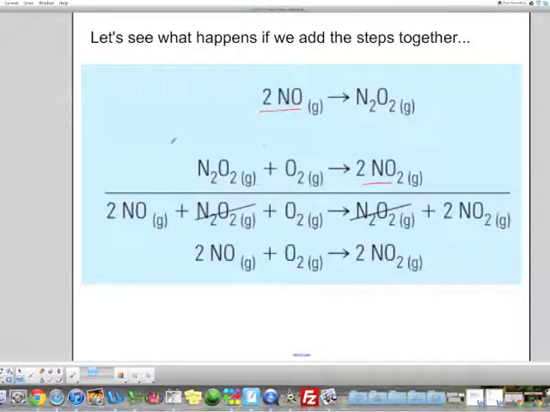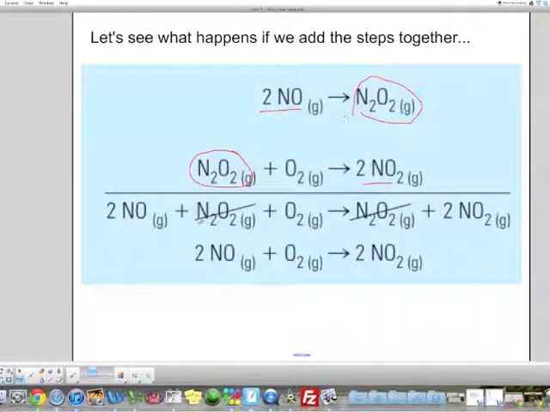Now, if we add up those two equations, here they've just rewritten everything, right? They've rewritten all three reactants on this side and the two products on this side, as if we're doing a mathematical sum. And they canceled out what appears on both sides in the same quantity. So I have one N2O2 and another one N2O2 on this side, because obviously I had the intermediate here and here, right?